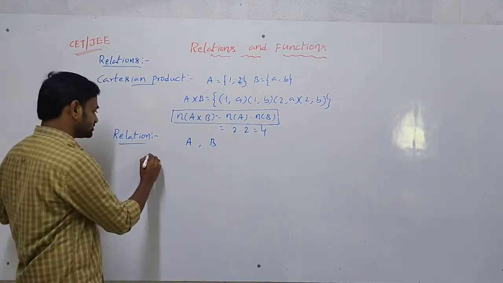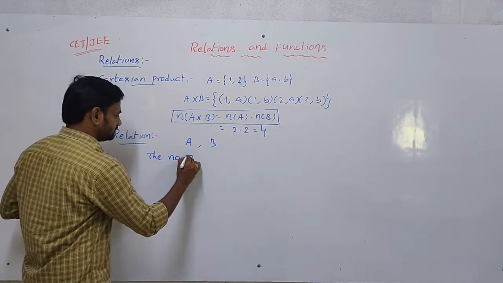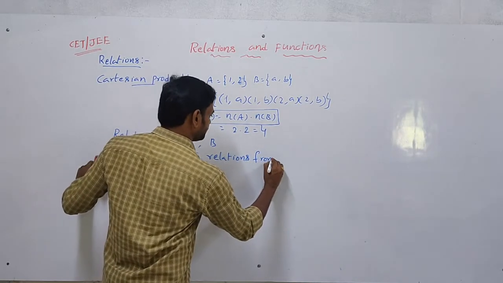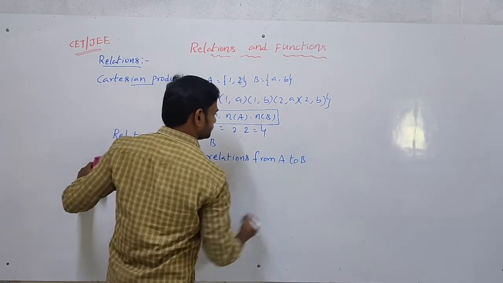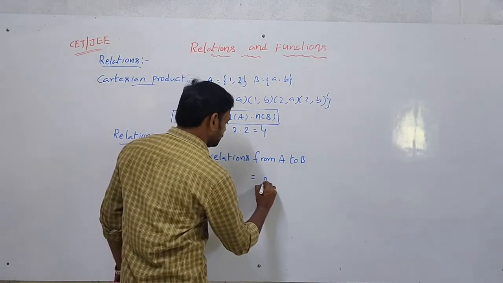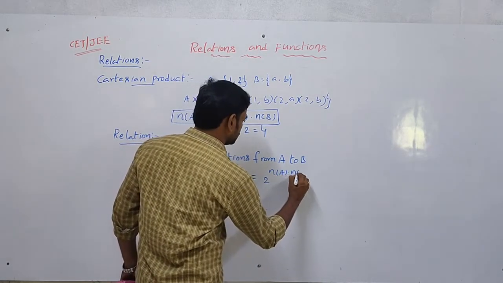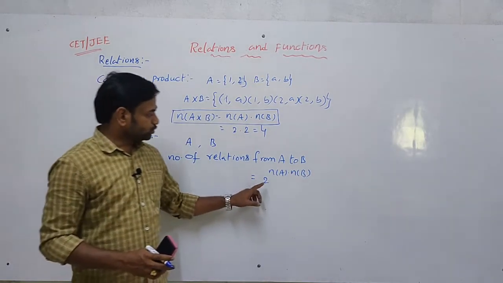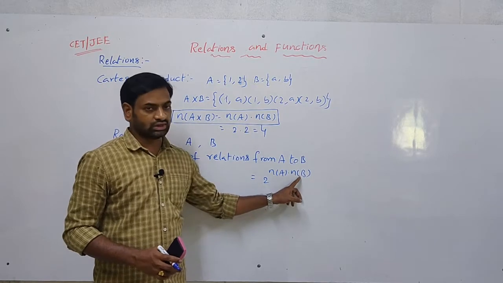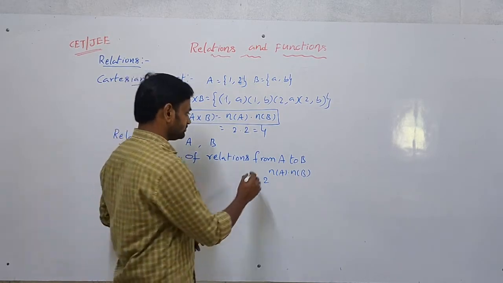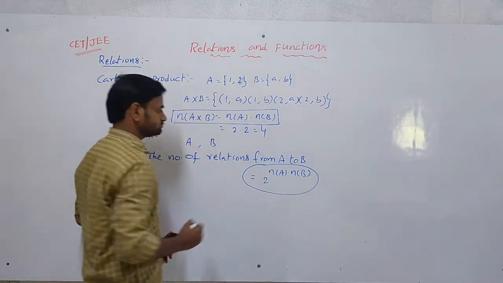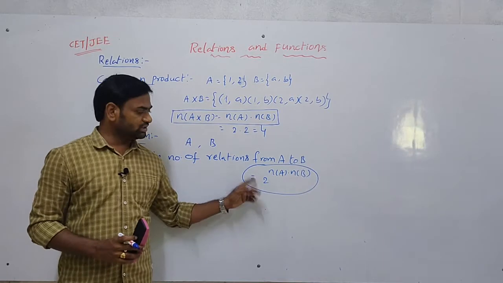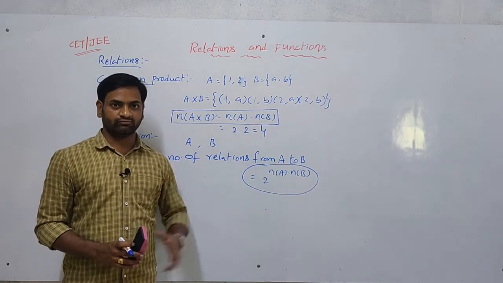The number of relations from A to B is 2 power n of A into n of B. It is the formula. Remember this one. The number of relations from A to B is 2 power n of A into n of B.